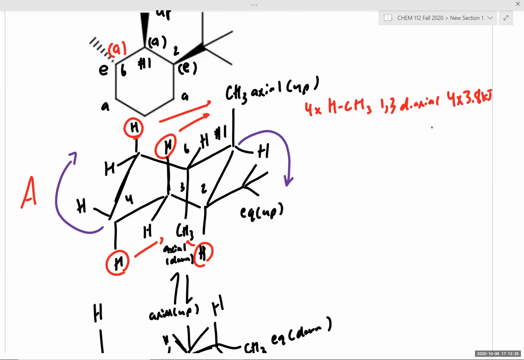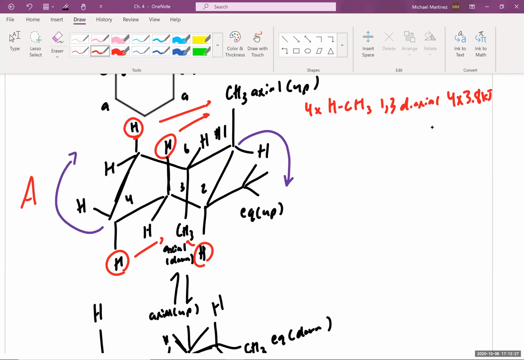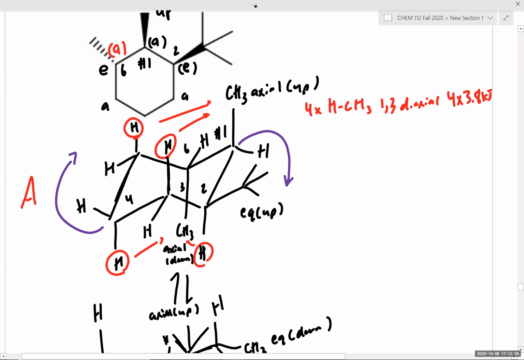Are there any other interactions that are present in this molecule that we need to note? Well, immediately what stands out to me is I have bulky substituents on adjacent carbons, and they're separated by 60 degrees. They're pseudo-staggered.